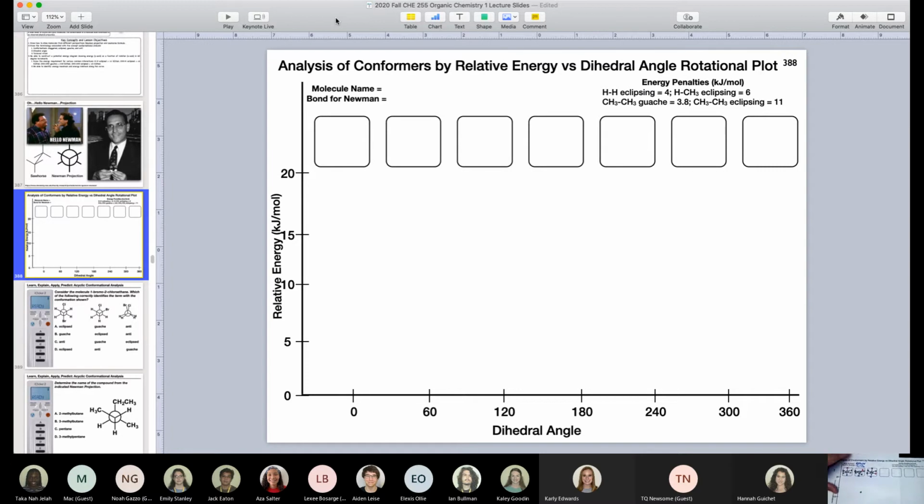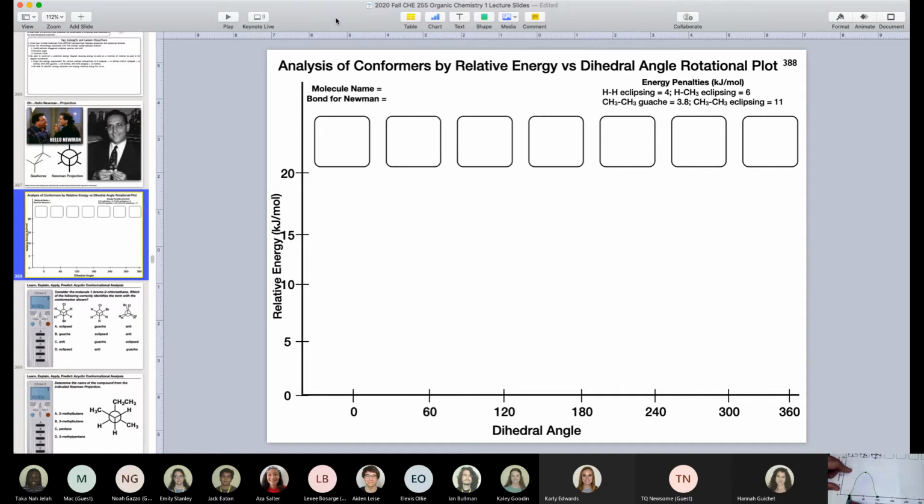So we have a data point here at 0. So this first and third one are the same, so the relative energy is 0. So now we have 3 data points. We can draw a curve.